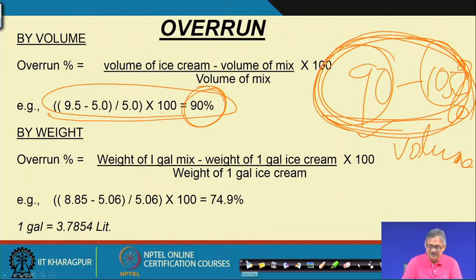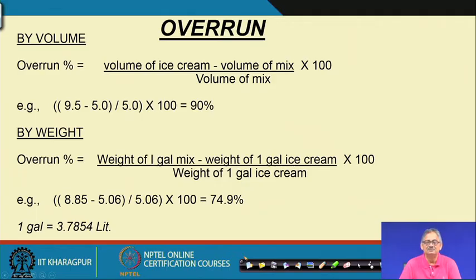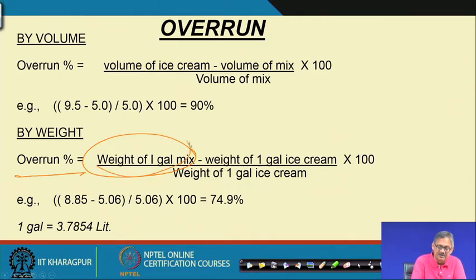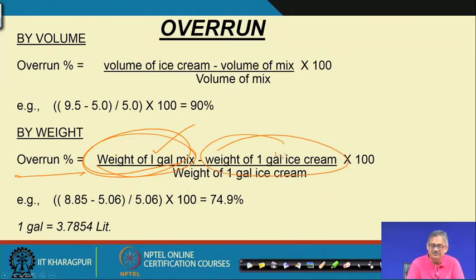Similarly, if we look at it by weight, then percent overrun is based on the weight of the mix. Earlier we said the mix has high density, so low volume, more weight. So, it is the weight of the mix of 1 gallon minus the weight of the ice cream of 1 gallon. A gallon is a volume.